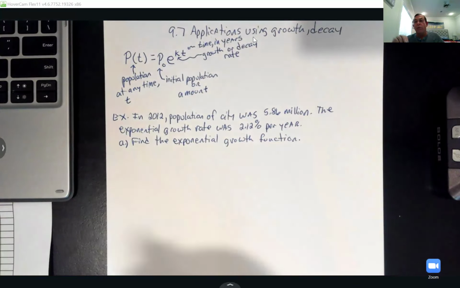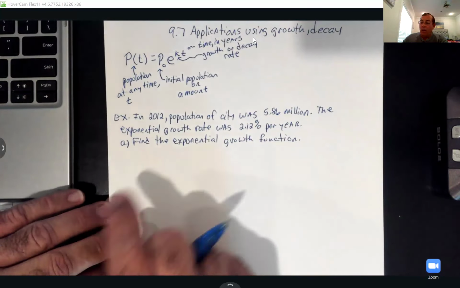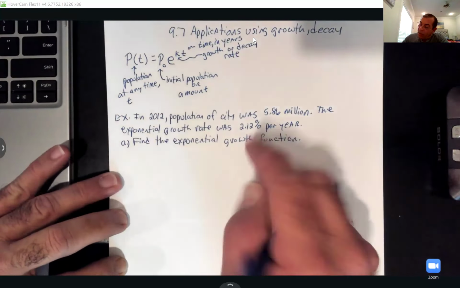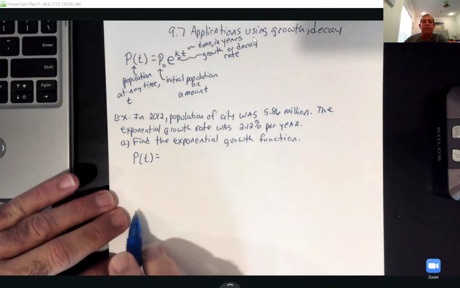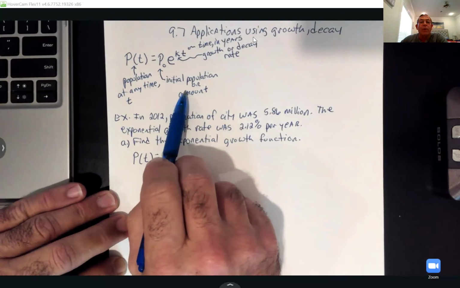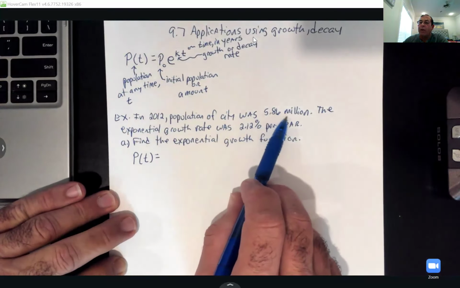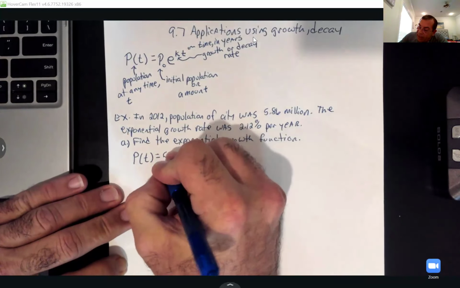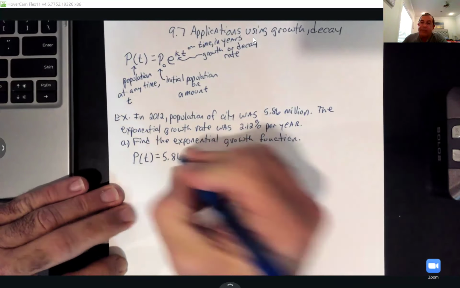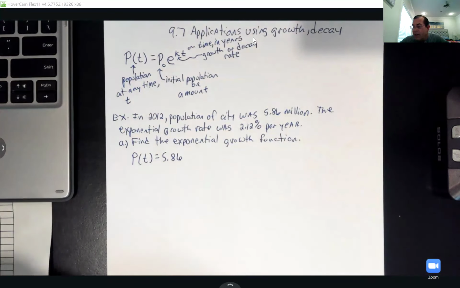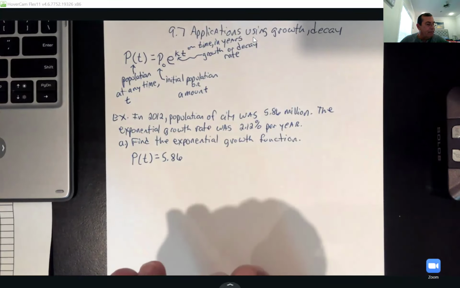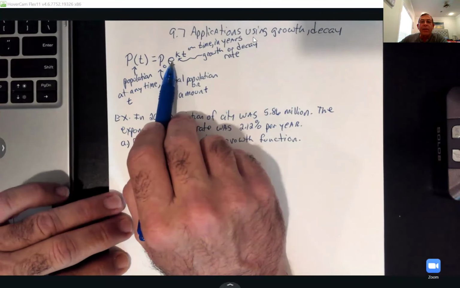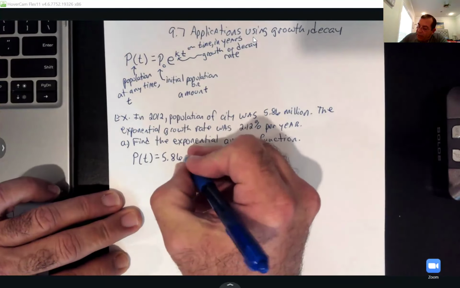Okay, so this is where we'll come up with the actual formula that we're going to use. So we got the formula up here. Our exponential growth function will be P of T equals, all right, P of 0 is my initial population. They gave me that, it was 5.86 million. So I'm just going to bring down my 5.86. We don't have to put the million because it's understood that this is in millions, okay? Next we got Euler's number E, so we bring that in.